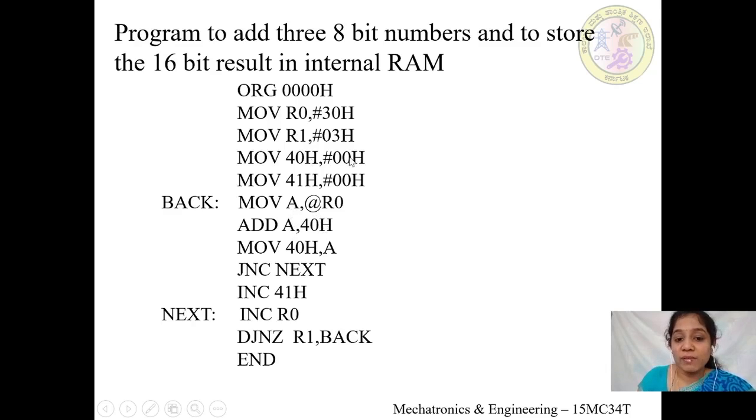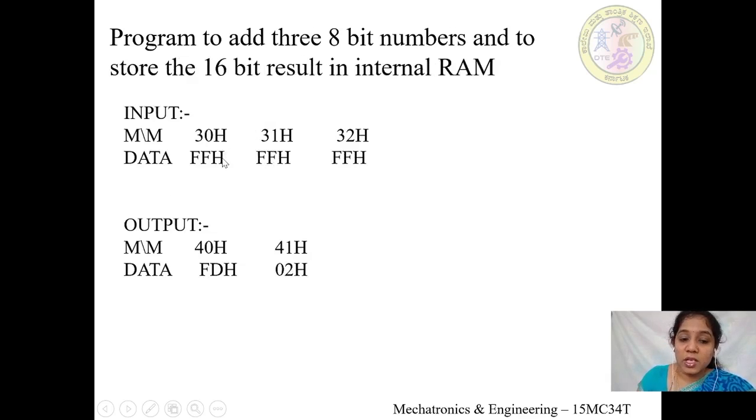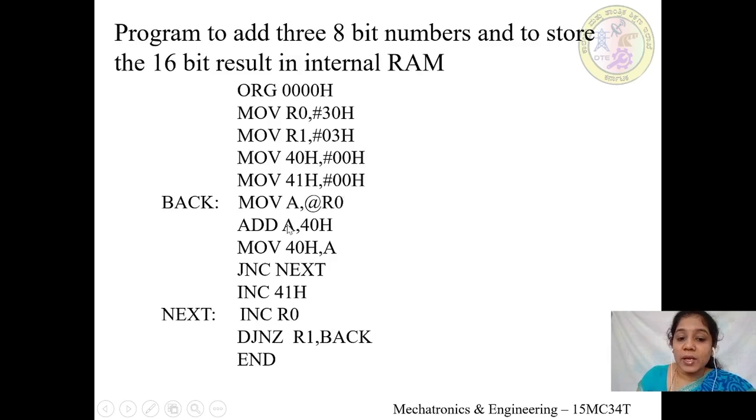What does 40H have? 00H. So what happens after the addition operation? The same data remains in the accumulator. What was present at 30H, that is FFH, that result will be stored in the accumulator. Now my result is in the accumulator.